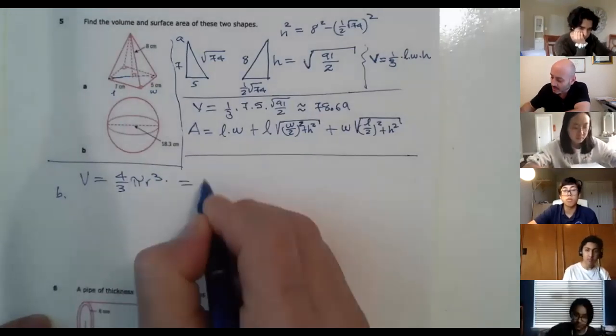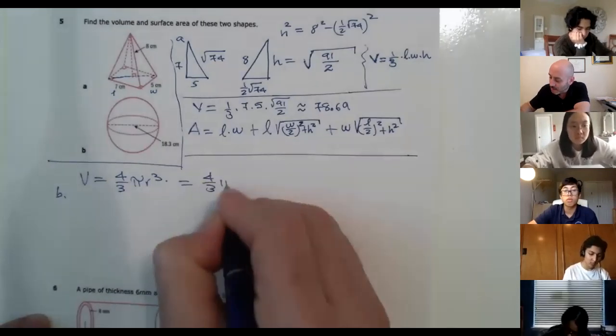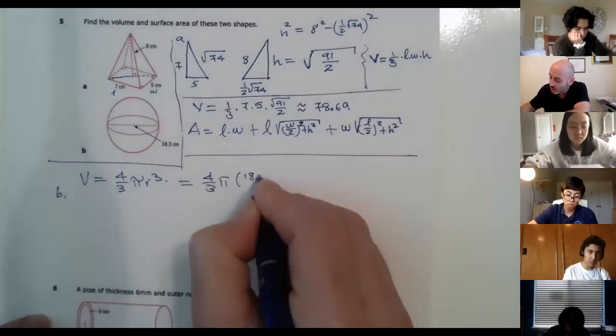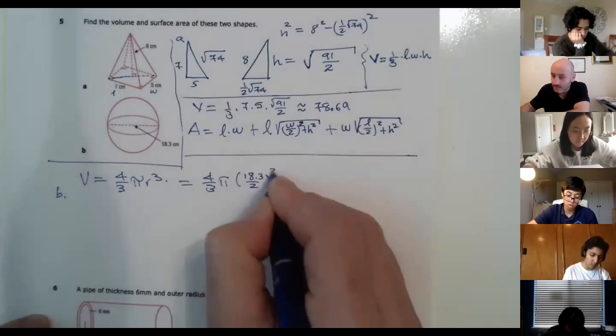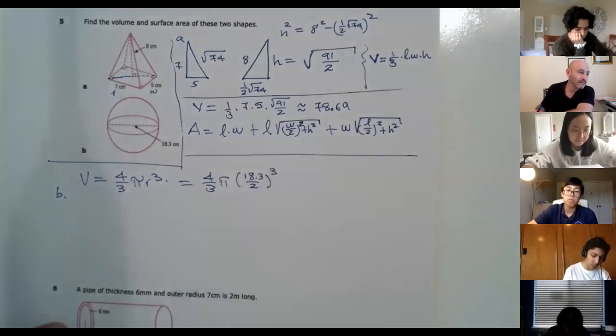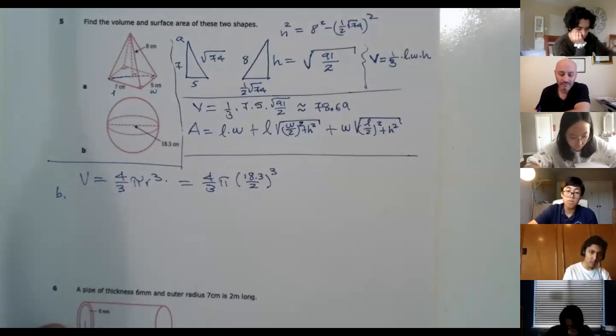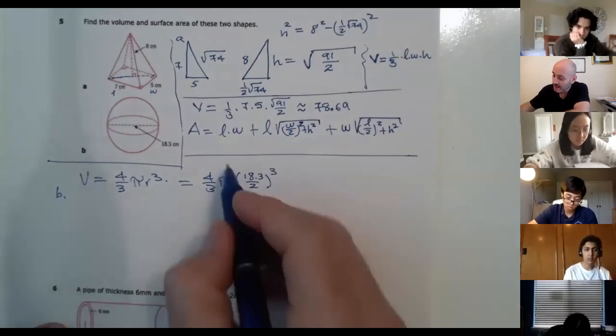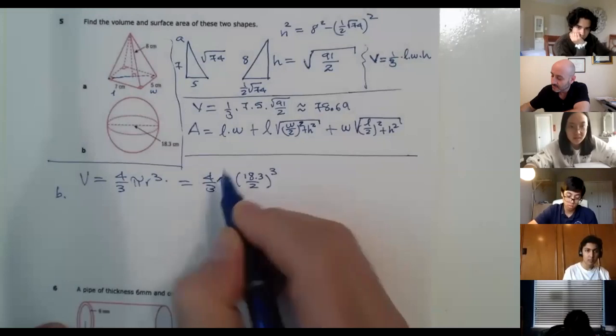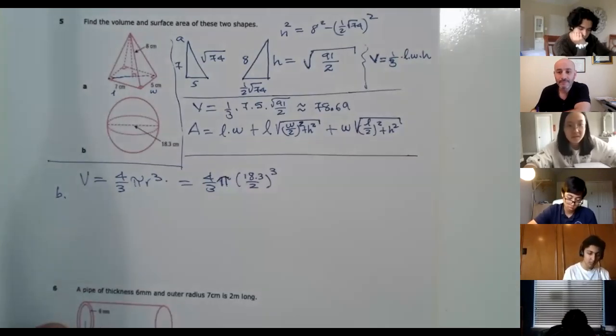So the volume here is going to be 4/3 pi times 18.3 divided by 2, cubed. And that will be just the volume, right? It's like 3,000 something. 3,208 point something. I'm going to believe you. Okay. I trust you.